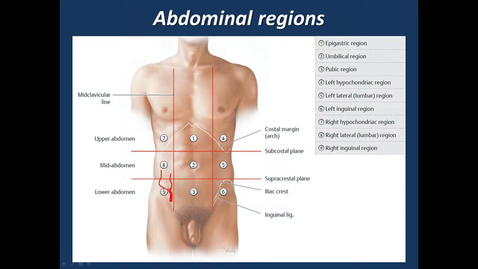Usually this small organ is located in the right inguinal region. So it is very important to know the projection of all internal abdominal organs on the anterior abdominal wall and in the abdominal regions, as you see here.